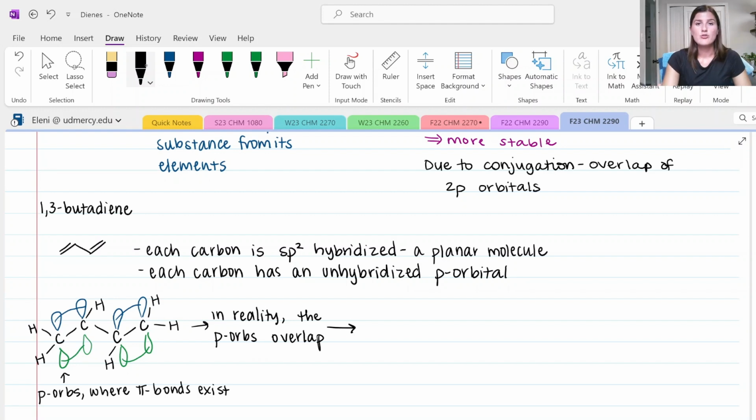So let's redraw what that looks like. We'll do the 4 carbons again in the chain. Can draw the hydrogens. Since we're drawing out the carbon atoms, we should draw hydrogens.